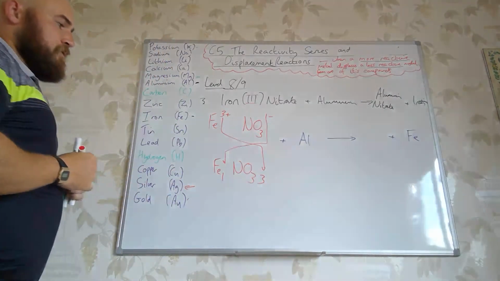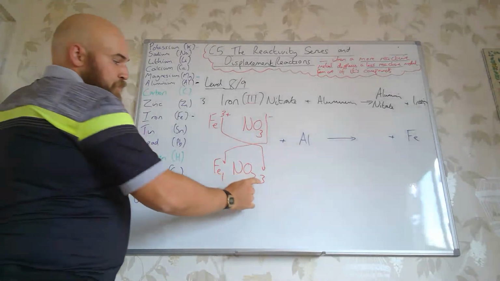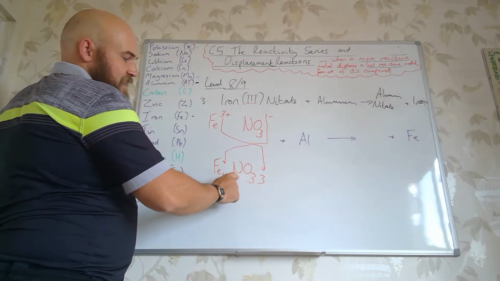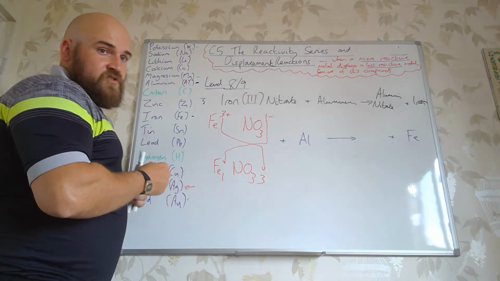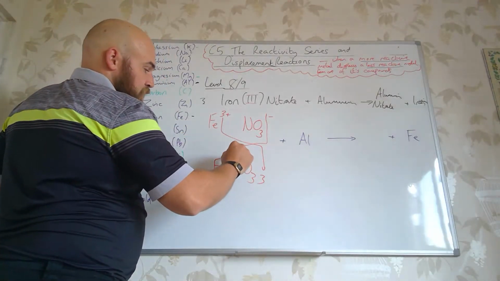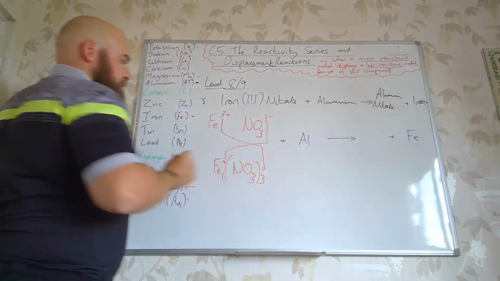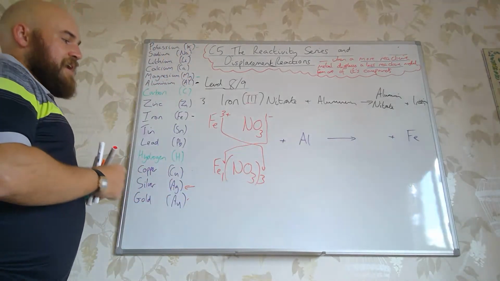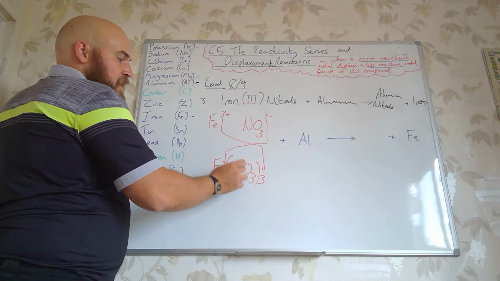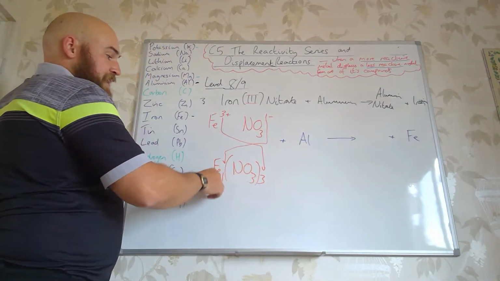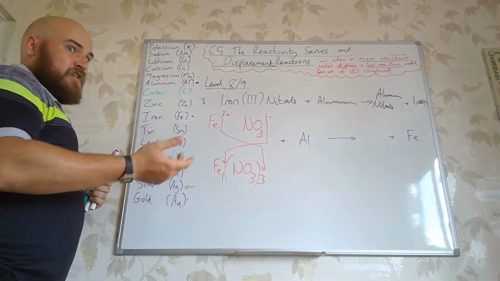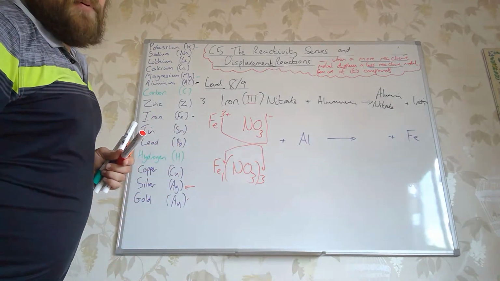But here we've got to be careful, because by putting that 3 next to the NO3, it looks like NO33. So what I need is to put brackets around it to protect it. So now it's Fe(NO3)3 as opposed to FeNO33. So the brackets are important.